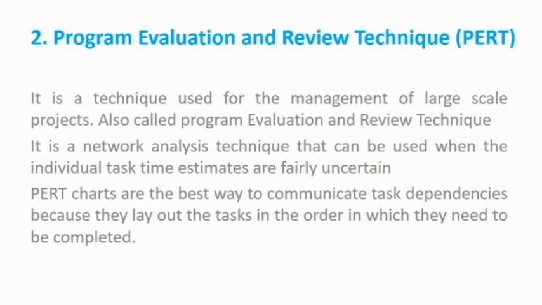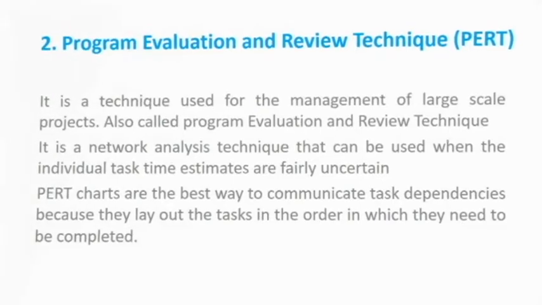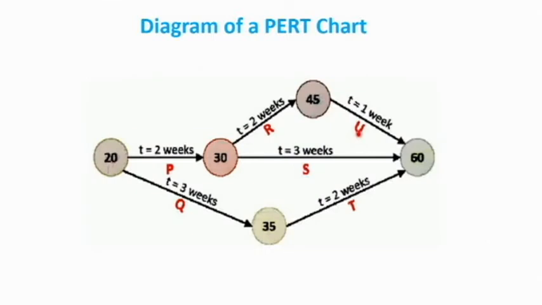The PERT charts are the best way to communicate task dependency because they lay out the tasks in the order in which they need to be completed. Here we have a diagram of a PERT chart in which the circles show the various activities or tasks.